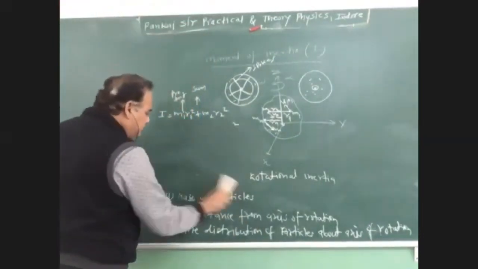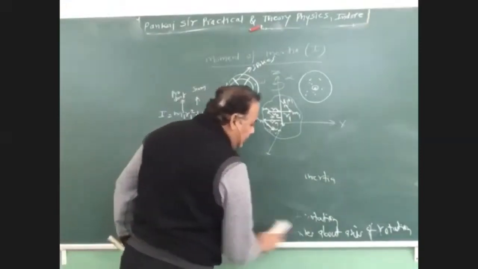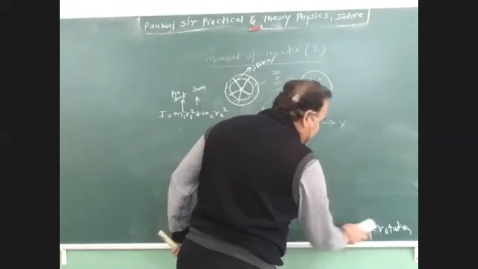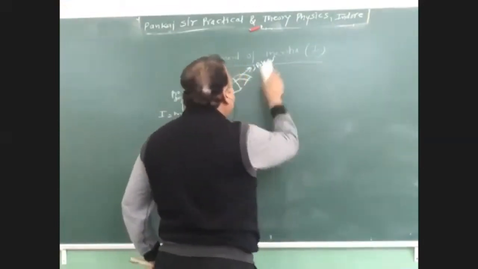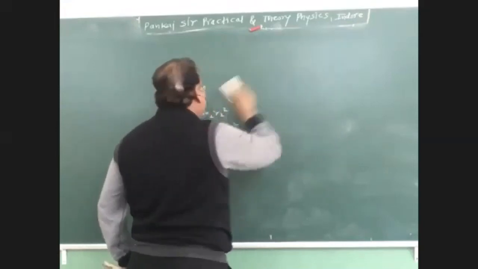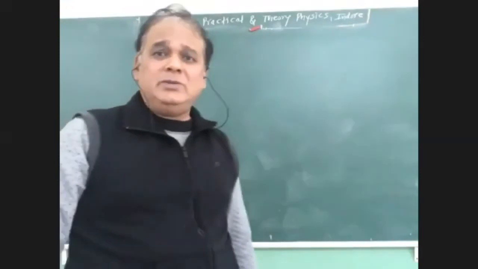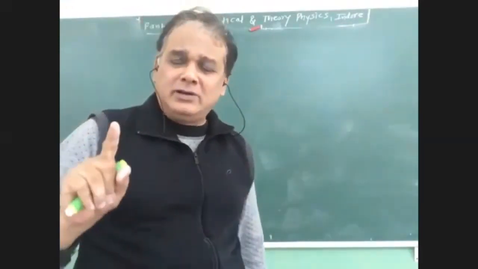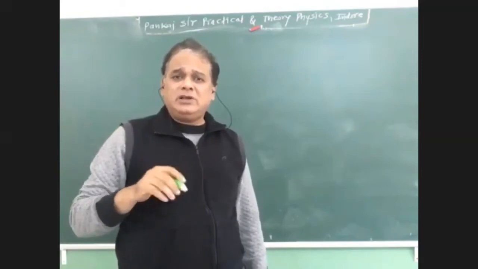And also you know very well, if there is kinetic energy in linear motion, there should surely be a rotational kinetic energy. वो भी होनी चाहिए. And we have to find which factor rotational kinetic energy depends upon. Rotational kinetic energy means if a body has kinetic energy, it can rotate.